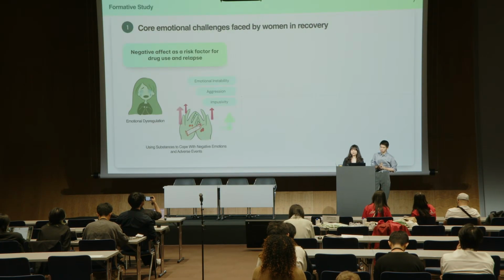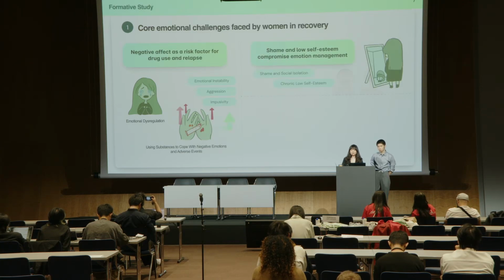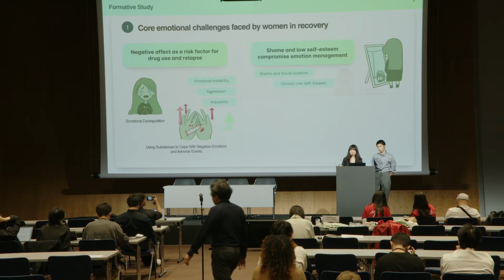What did we find? In terms of their emotional challenges, we found that emotion dysregulation easily leads to relapse, and sustained use produces more negative emotion, forming a vicious cycle. Stigma and cultural gender expectations cause shame and low self-esteem, further worsening emotional management.